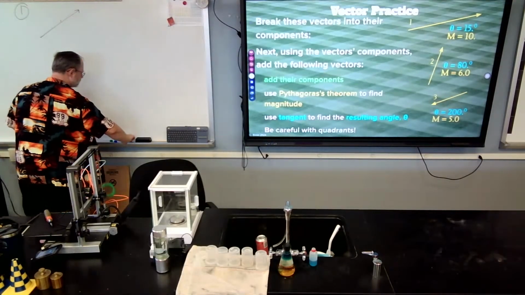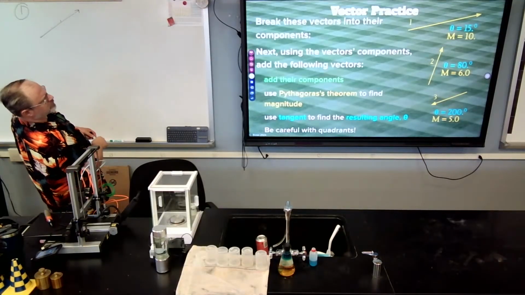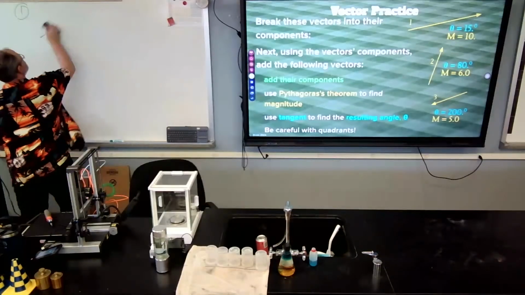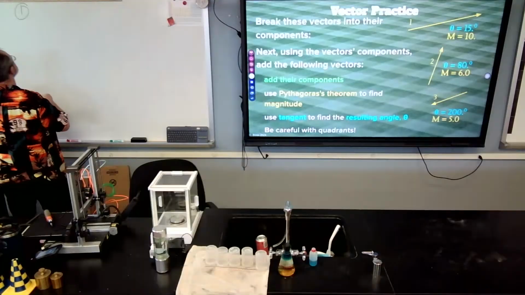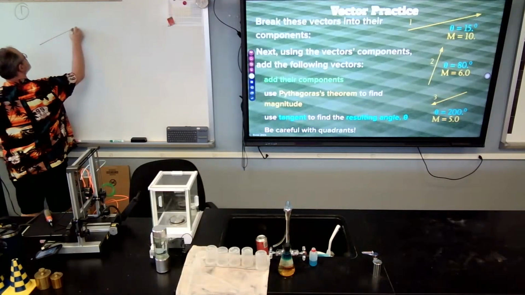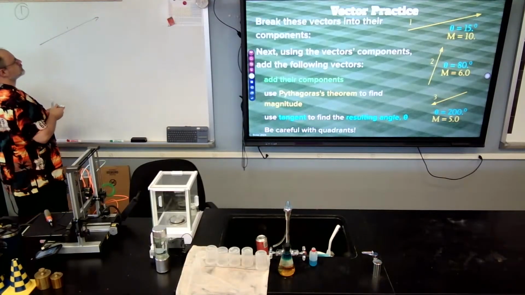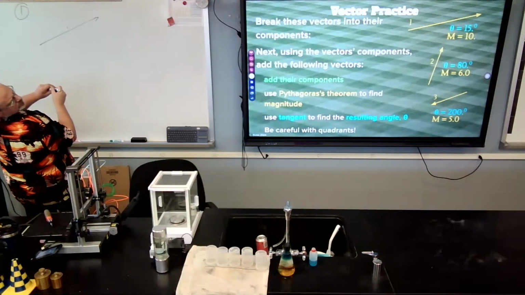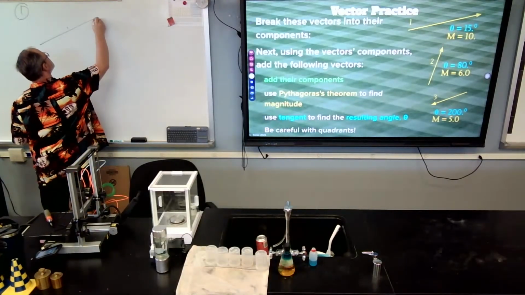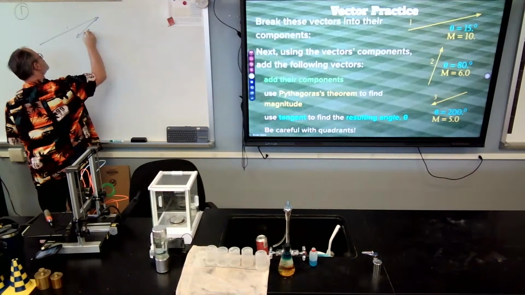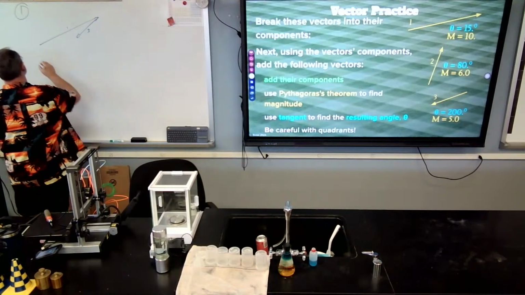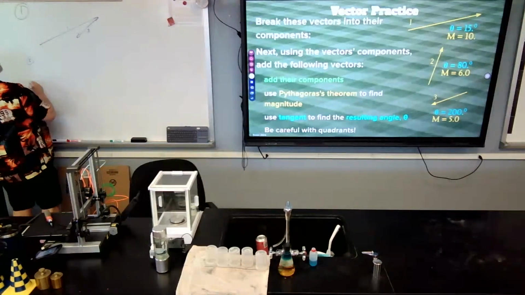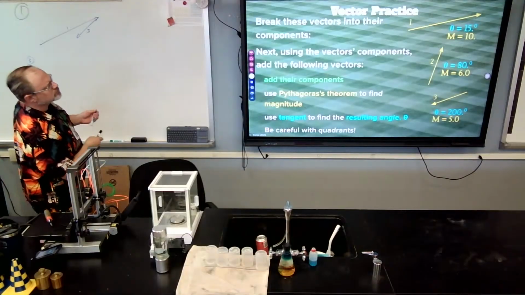Then x is the cosine of 15 times 10, or x over 10. Make sure you're using the opposite over adjacent, the inverse.